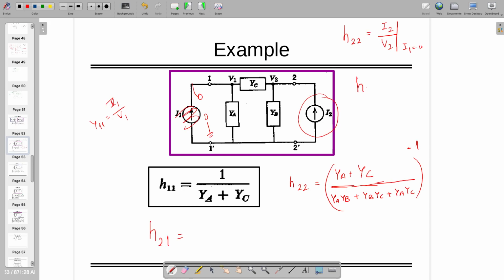So I want to find H12, which is V1 by V2 when I1 equals 0. V1 by V2, Amol. This has to be easy. Yes, when I1 is equal to 0.